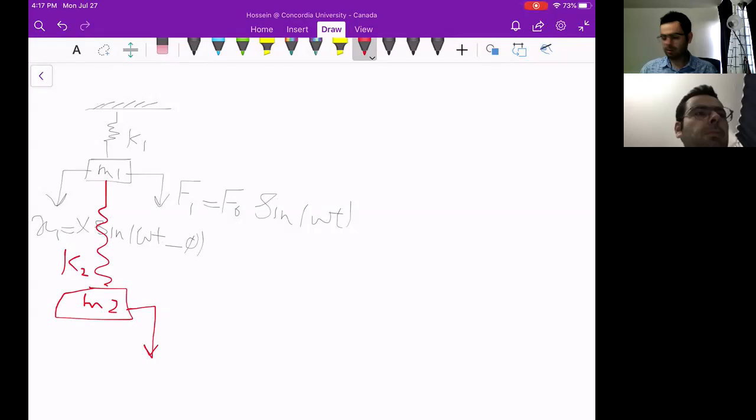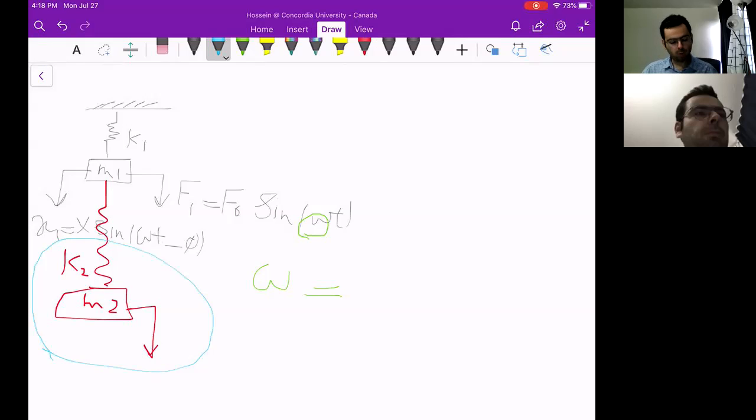So what you have to do is just detect the excitation frequency omega and make it equal to the natural frequency of the single degree of freedom system for the mass 2.